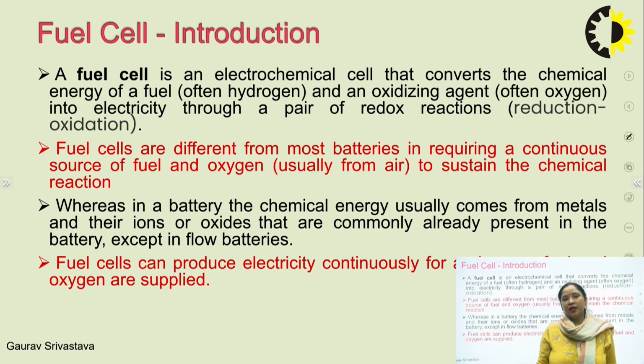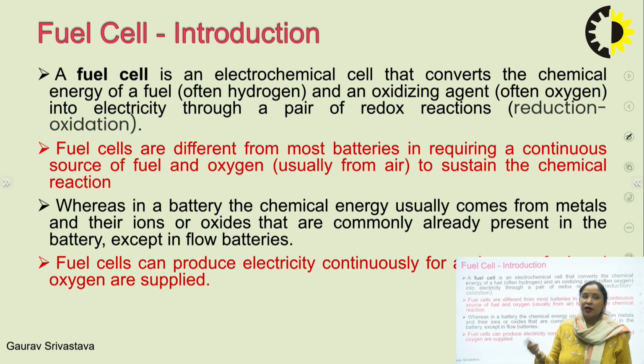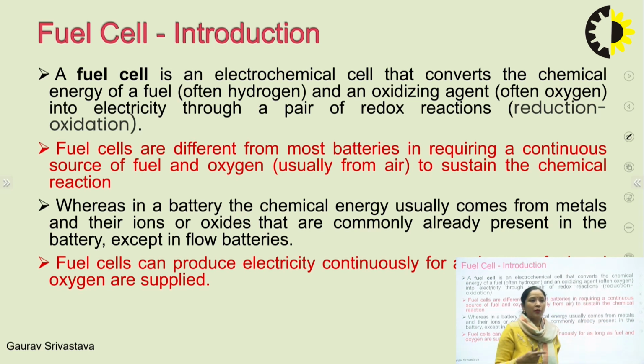Fuel cells are different from most batteries in requiring a continuous source of fuel to sustain the chemical reaction. A fuel cell can produce electricity continuously for as long as fuel and oxygen are supplied. When they are depleted, the fuel cell is depleted.